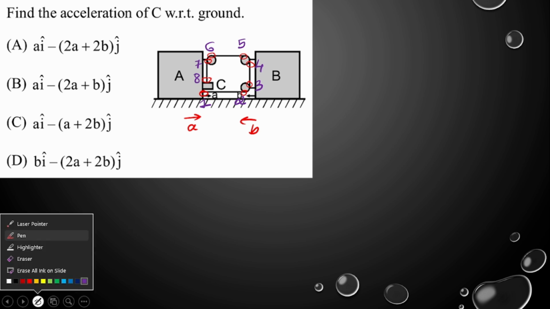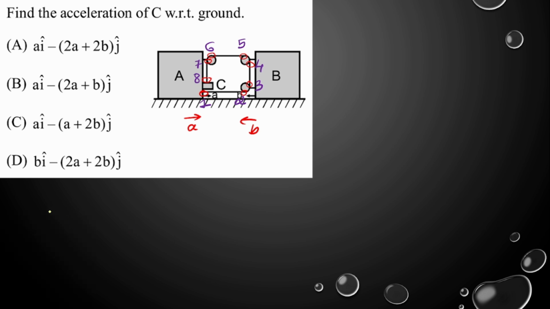So for point 1 acceleration is reducing the length, so minus a. Point 2 minus b. Point 3 0, point 4 0, point 5 minus b, point 6 minus a, and acceleration of C is in the downward direction, so plus ac, because that is increasing the length, equals 0.